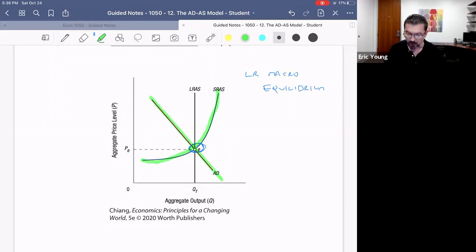That's your short-run equilibrium. And that's occurring at the same point as your long-run equilibrium, because that's where it intersects LRAS. Okay, so at this magic point right here, point E, LRAS, SRAS, and AD all meet.